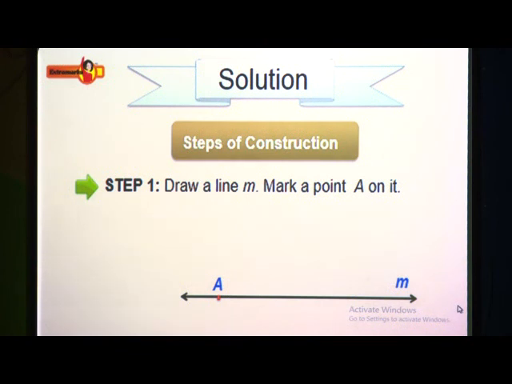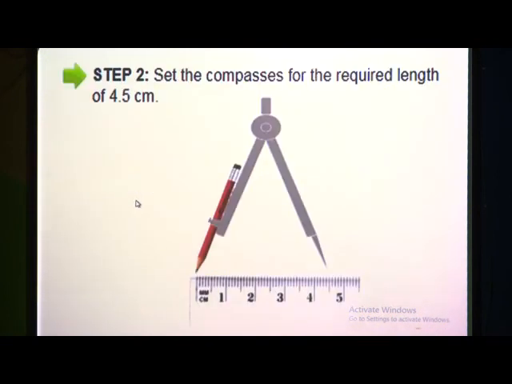It is not specifically of any length, we have just drawn a line using a ruler and a pencil, and we have given it the name M. Draw a line M and mark a point A on it. So we have marked one point, it may be any point, we have marked a point A on it. So this is our step 1. Let us see step 2.